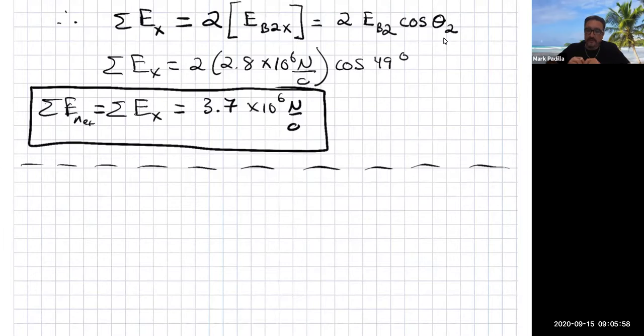So that being said, what about a charged ring? What about a charged length or a line? What's the electric field look like for charged objects now?